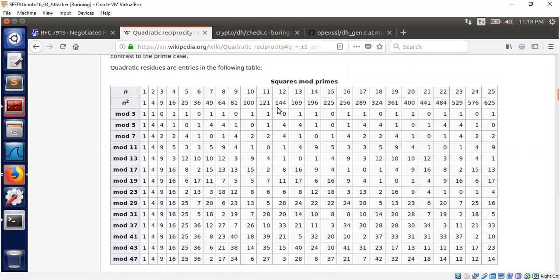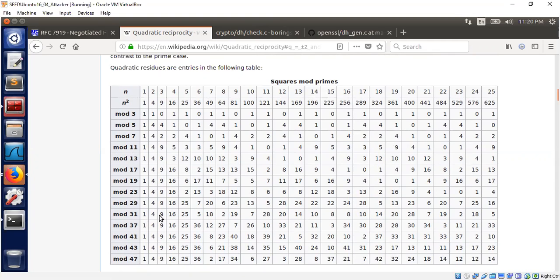They have, for example, listed numbers from 1 to 25, computed n square, and then computed n square mod 3, 5, 7, and so on. These are all prime numbers, 3, 5, 7, 11, 13, all prime numbers.